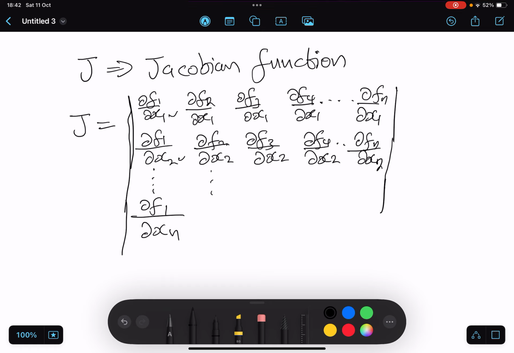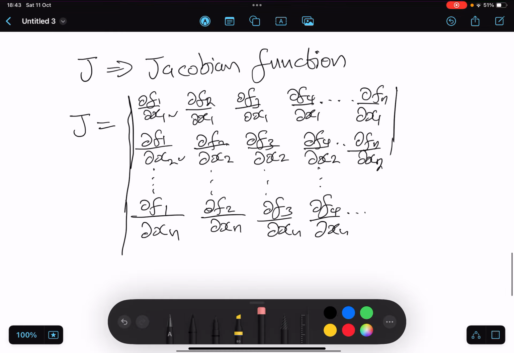And then ∂f2 over ∂xn, same thing, ∂f3/∂xn, ∂f4/∂xn, till you get to ∂fn over ∂xn.